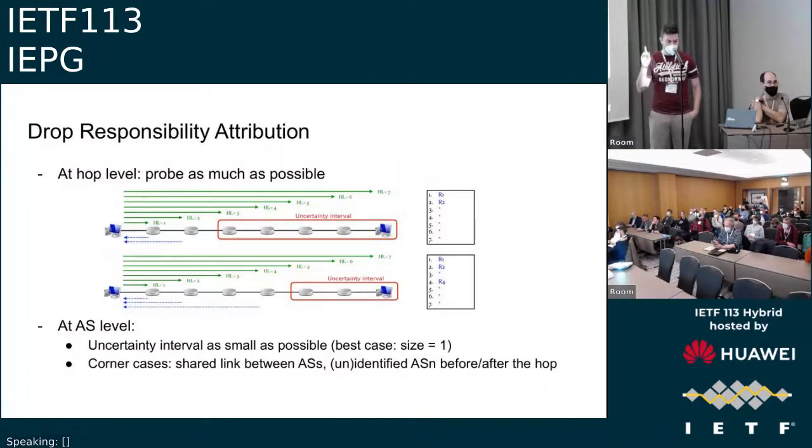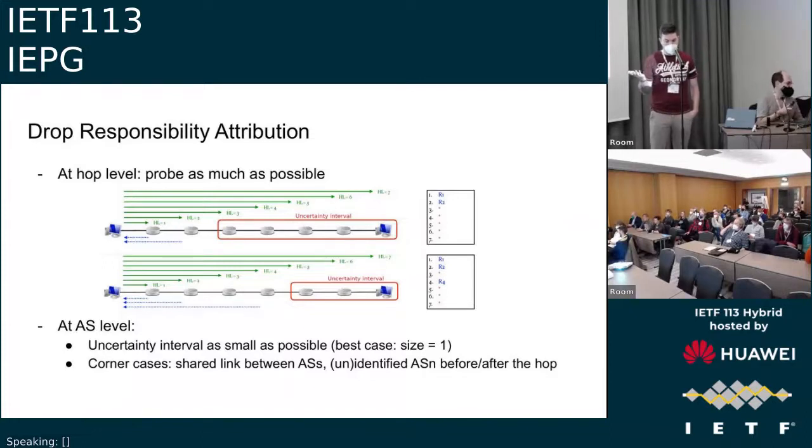And so, in the illustration on the bottom, you run the same experiment a few seconds after, and then, oh, surprise, you see that the fourth hop did respond. So in that case, you can rule out the third hop from being responsible for the drop. And so you're back to the same principle.